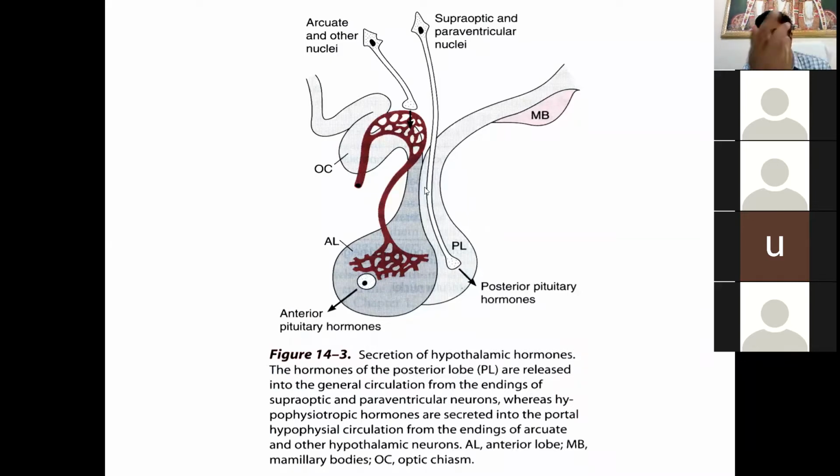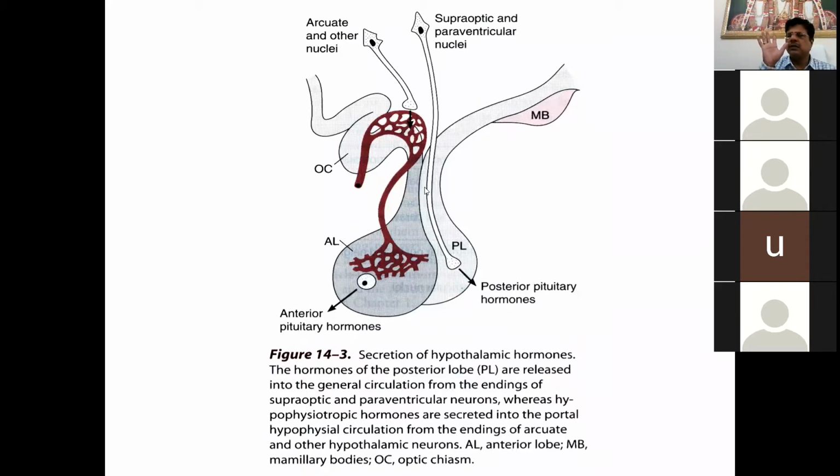Whereas in the intermediate lobe, the breakage, the post-translational modification, is done differently. So you get corticotrophin-like intermediate peptide, CLIP, alpha melanocyte stimulating hormone, beta melanocyte stimulating hormone, and beta endorphins.